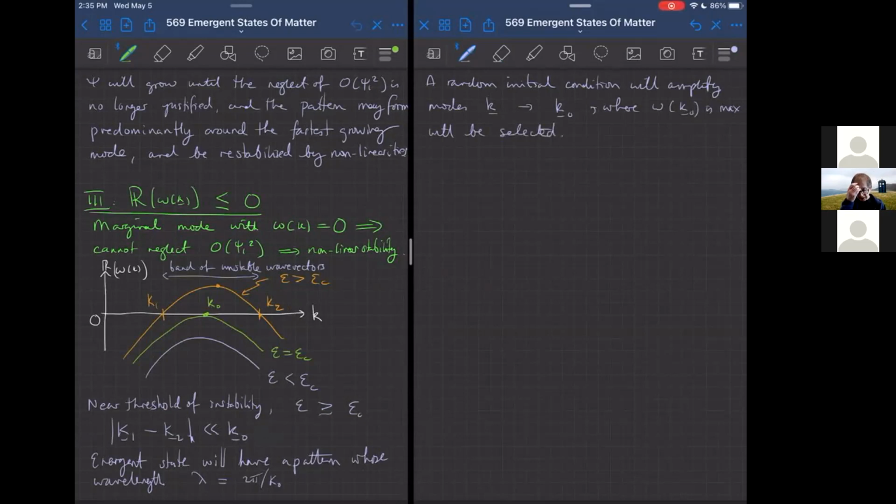Okay, so that's the basic idea. So the basic idea of linear stability analysis is simple, but the execution is often hard.